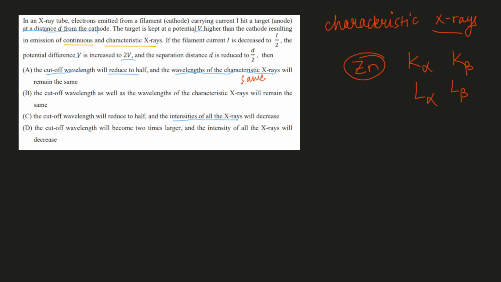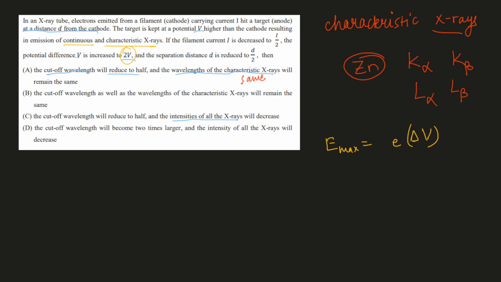So the maximum energy is just equal to the energy of the electron, the maximum energy that you give to the electron. The maximum energy is just equal to e times the potential difference you drive it through. And when the potential difference is doubled, the maximum kinetic energy of those electrons is also doubled.